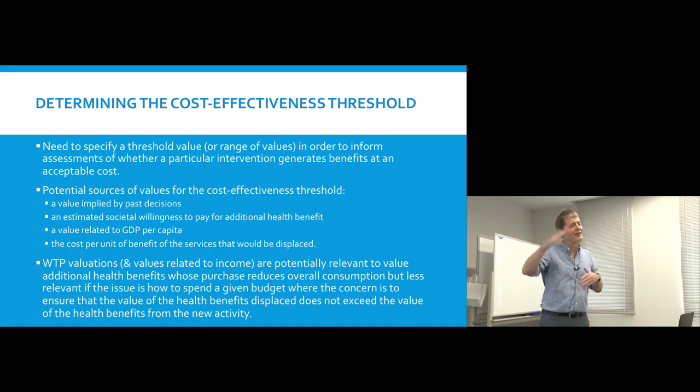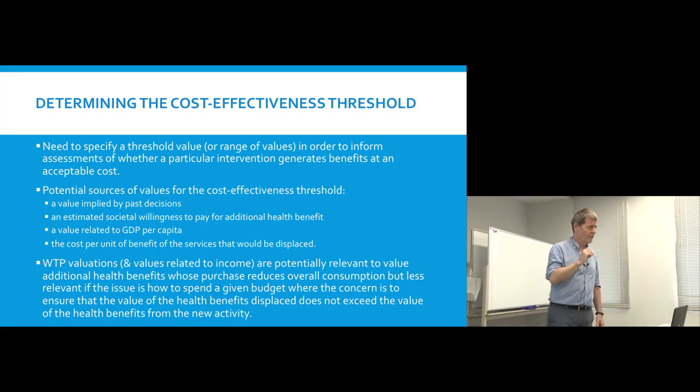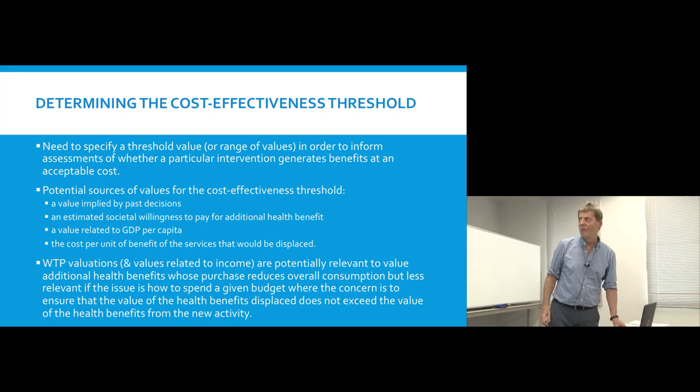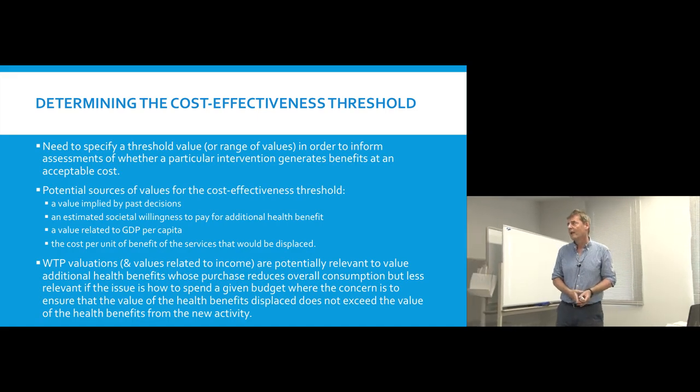So you can see why there's a crude relationship, but why on earth 1 times or 3 times GDP per capita is a satisfactory guide is beyond me. And so I'm delighted we're moving away from it now.